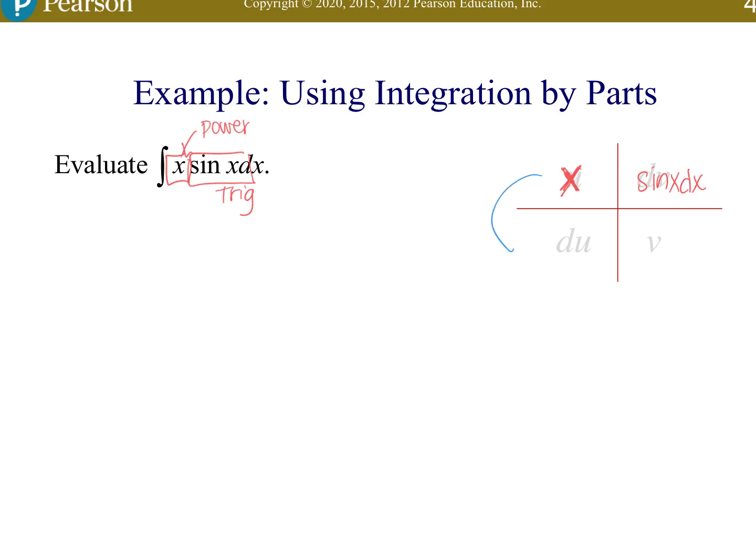So from x, I find the differential, and the differential of x is dx. Don't put 1, it's dx. You're going to need the dx. And then on the other side, you're going to do the antiderivative.